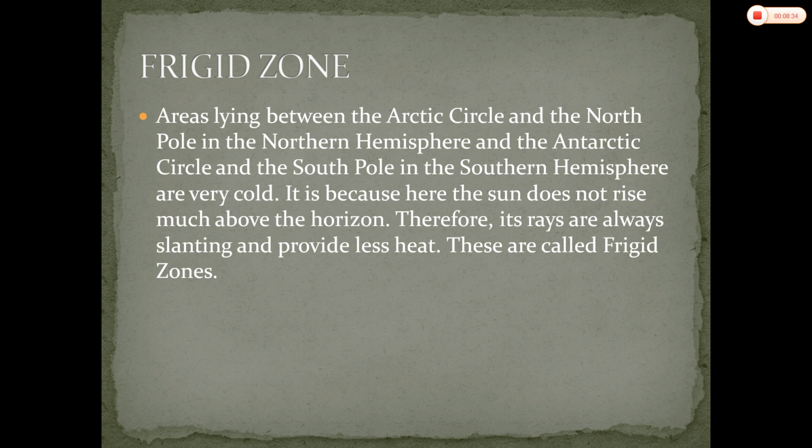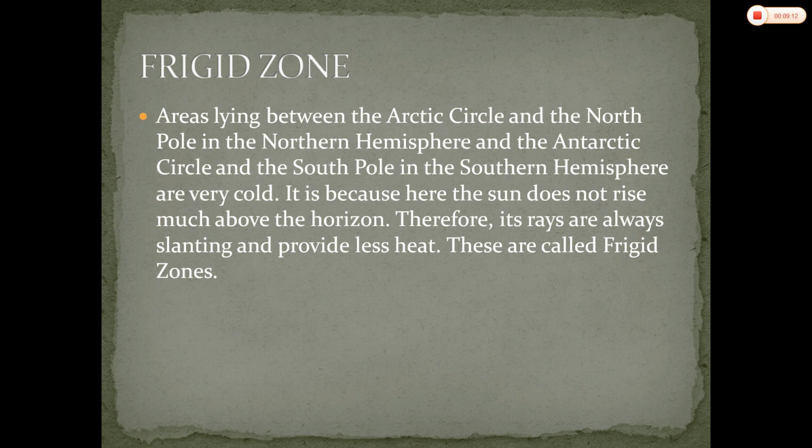That means in both these frigid regions, none of the latitudes receive the heat or the temperature that the tropic region and the temperate regions receive. What is the reason behind it? Because in this frigid zone, in this 66.5 degree and above region, the sun does not rise much above the horizon.